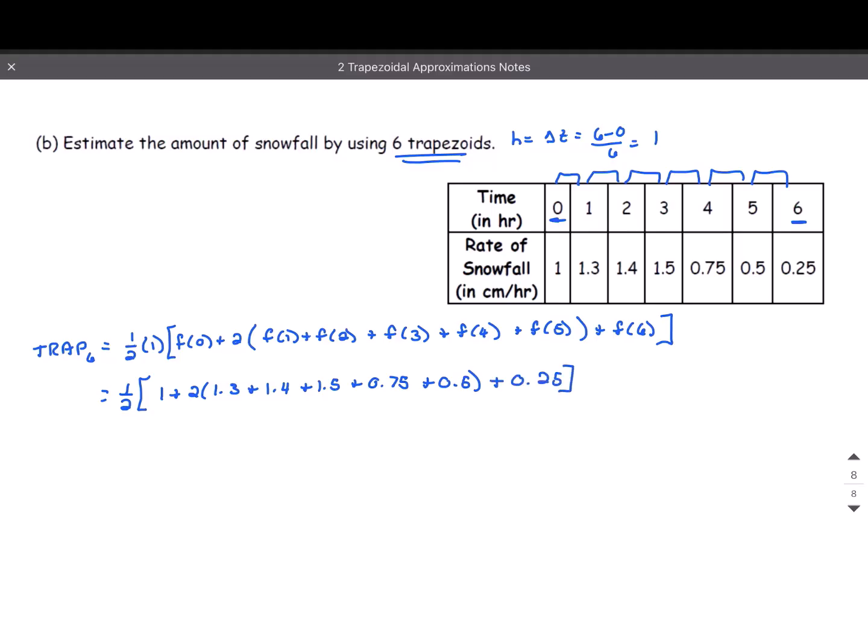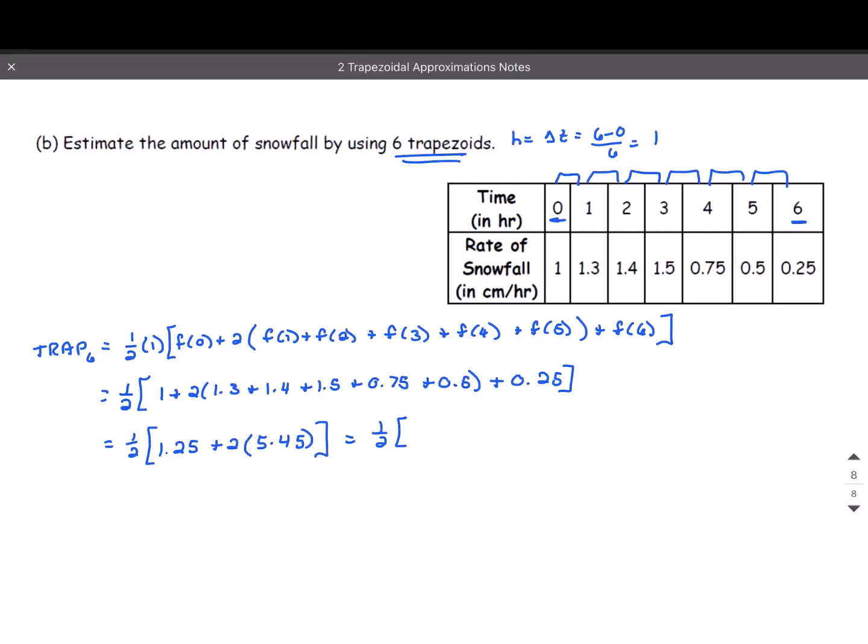All right. So now we have 1/2. We've got 1.25 on the outside plus 2 times 1.3, 1.4 plus 0.5, 0.75, 5.45.